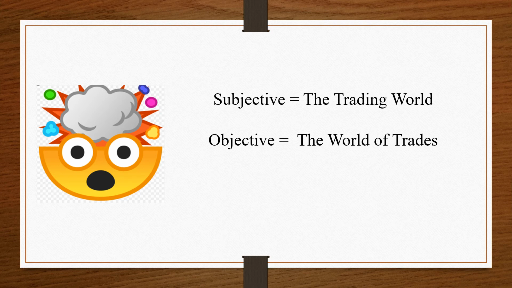And this is not what we're about. It's tough enough to make money even with your discipline tightened down. You could catch lightning in a bottle for sure, but I can promise you this: you will not be a consistent trader if you pursue the subjective world.